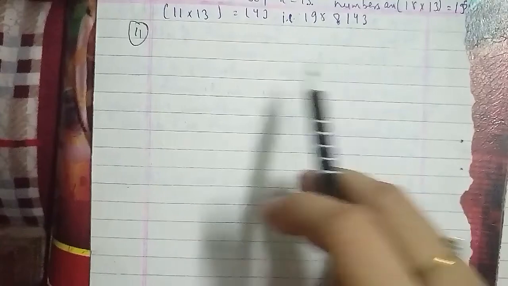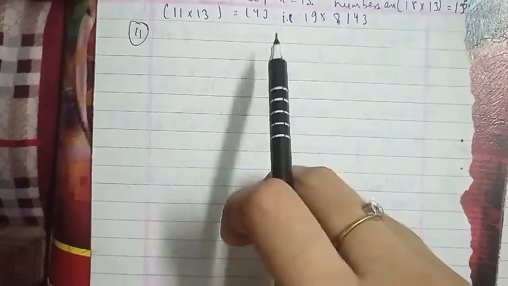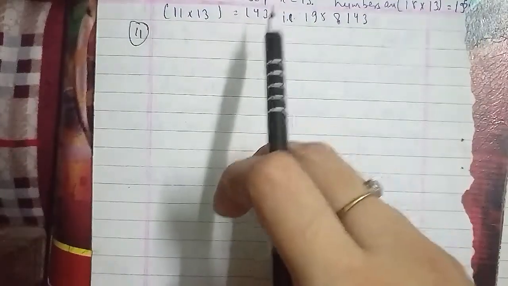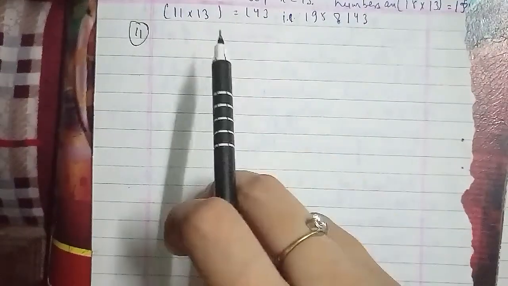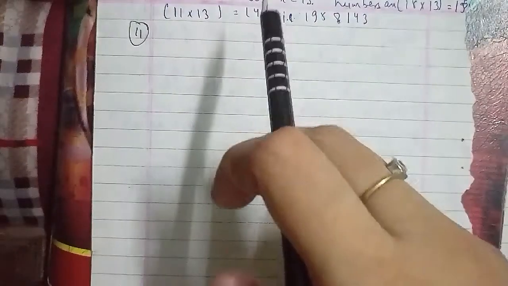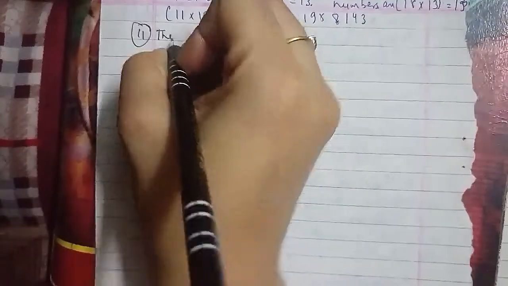The question is that the HCF of two numbers is 11 and their LCM is 693. If one of the numbers is 77, you have to find the other. So let's go ahead with the question here.